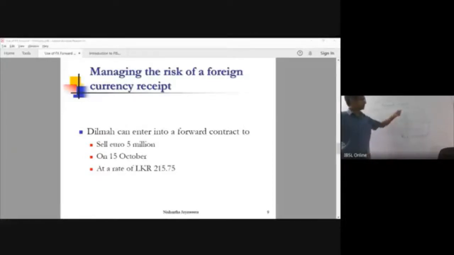The risk side is if the rupee appreciates. The reverse is true for an import. If the rupee depreciates, he will lose because he has to pay more. If the rupee appreciates from 210 to 200, he has to pay less as an import. So that is one thing you have to be careful about.